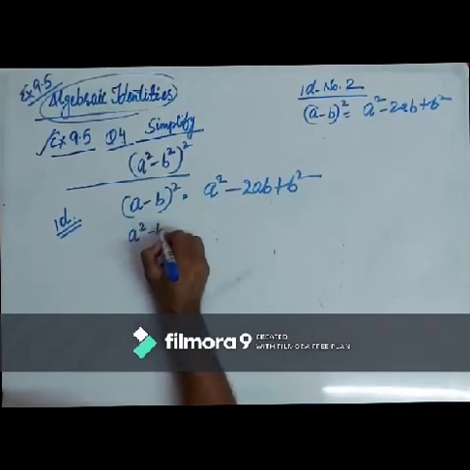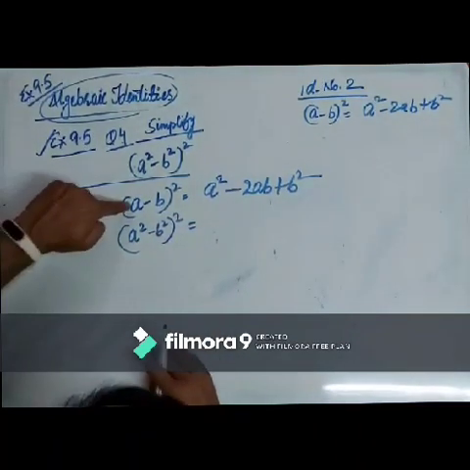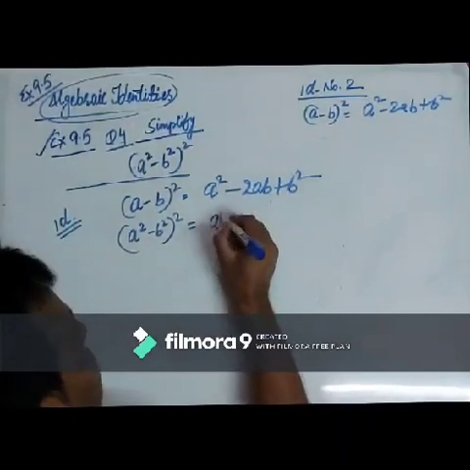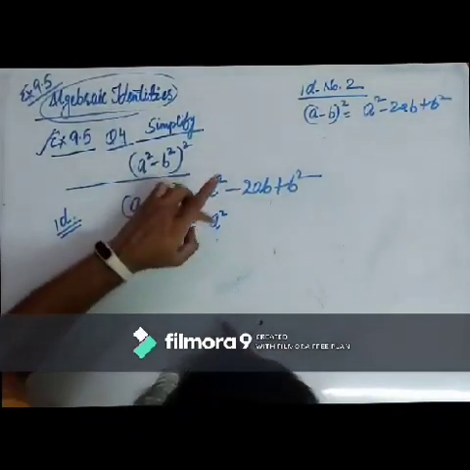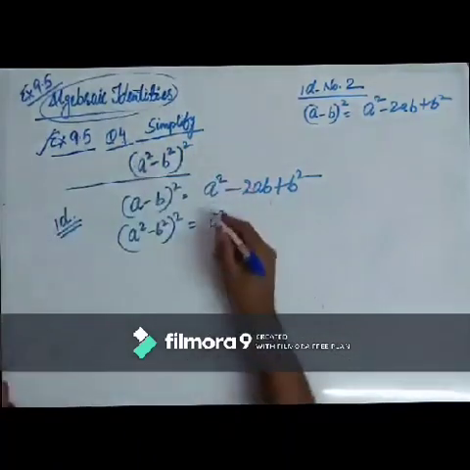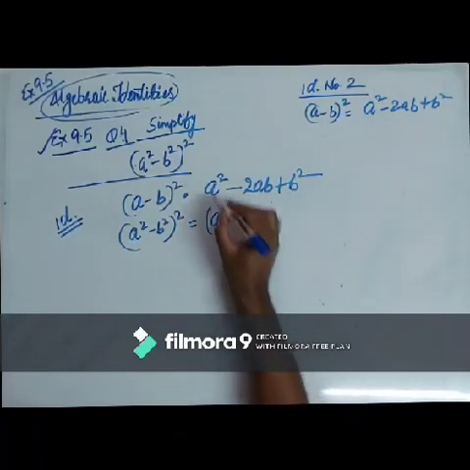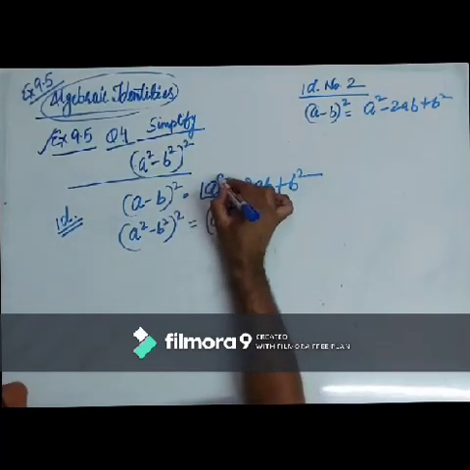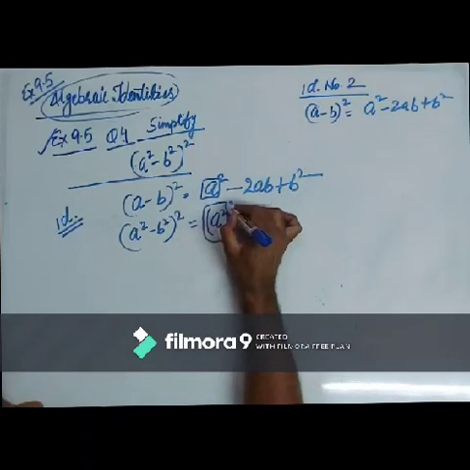A square minus b square whole square is equal to, for me a is a square. So whenever I am writing a square here, this is not a square, but this is as a whole a. So what I have to do is to put another square. So this one is actually this whole component, right?